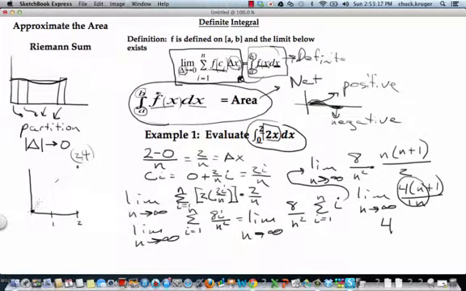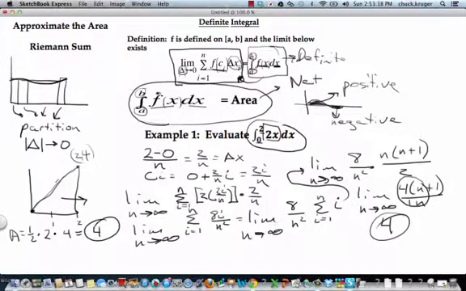And I can make this triangle. And the area of a triangle is 1/2 base, which in this case is 2, times the height, which is 4. And if I multiply that, I get 4. So the area of this geometrically is 4. Using calculus, it's also 4.